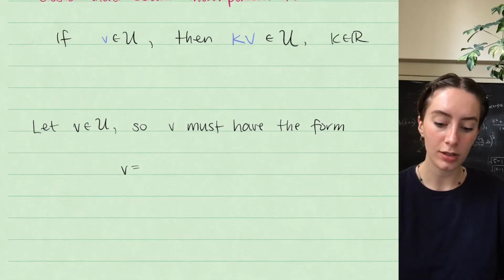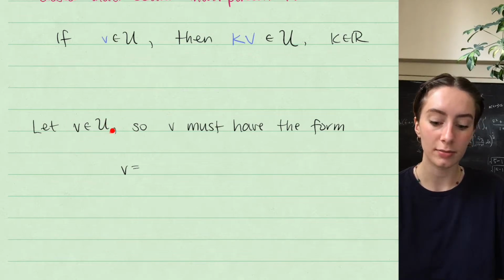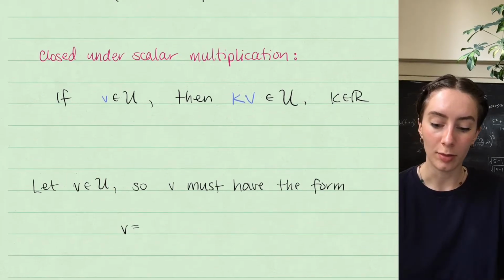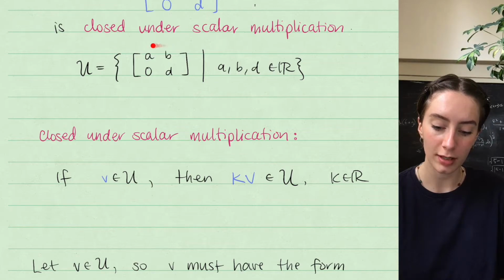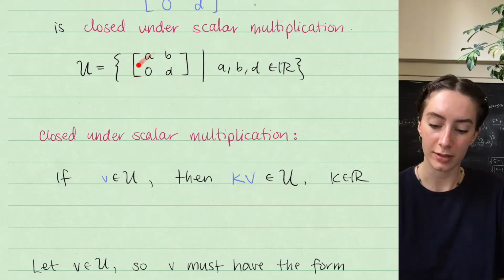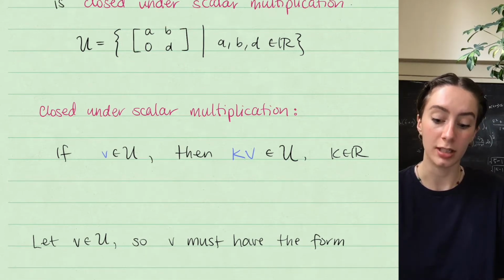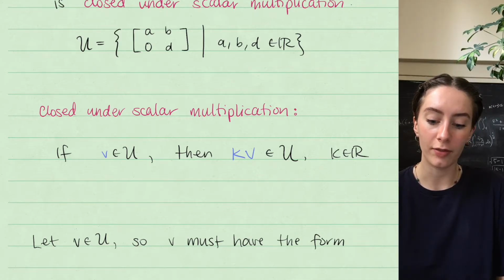So if we start by letting V be some element in U, and remember U is defined to be the set of all 2x2 matrices of this form, then by definition, if we have a vector in our set U, it's got to be of this form.